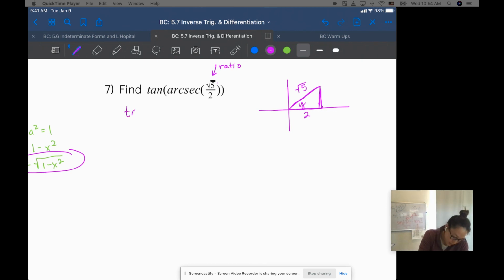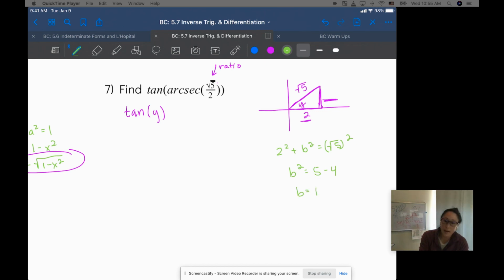So now what I'm trying to find is the tangent of y. So tangent would be my vertical value over my horizontal value. So let's go ahead and get the length of the third side. So 2 squared plus b squared is equal to root 5 squared. So I get b squared is equal to 5 minus 4.